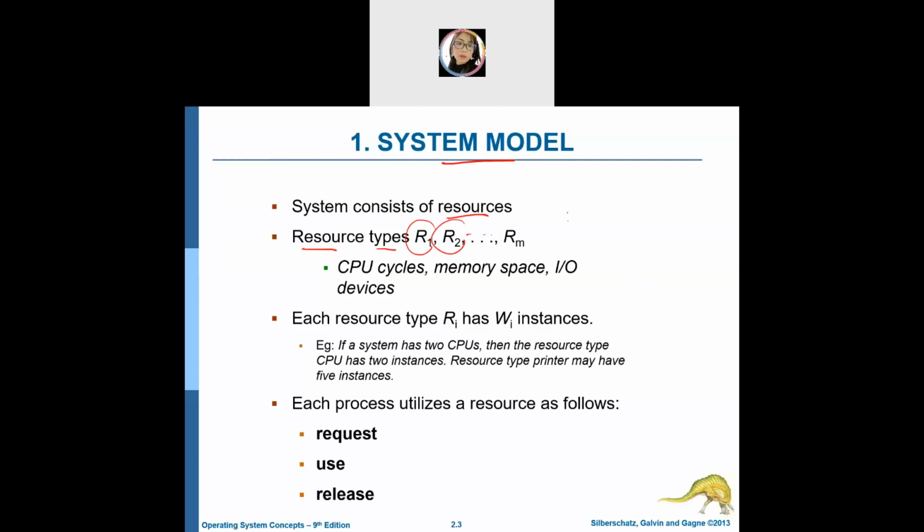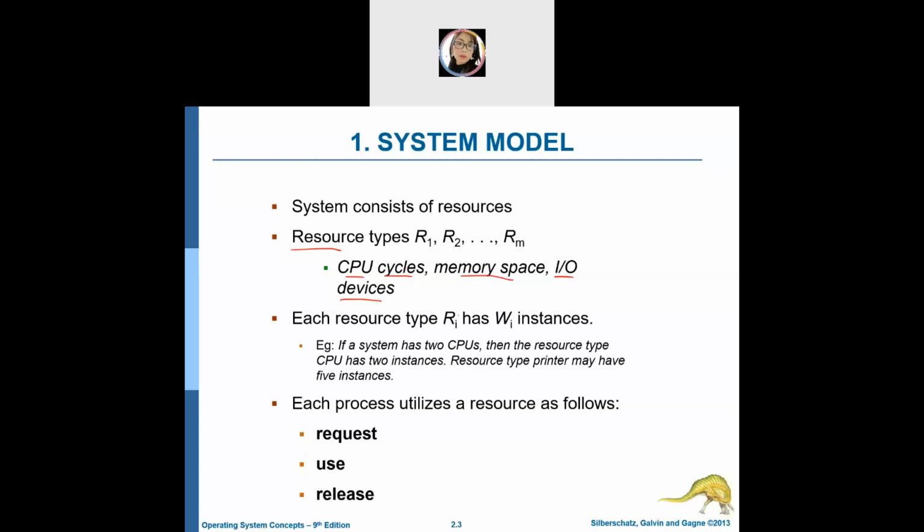If you still remember from your COA subject, you learned about many resources in your system. Examples are CPU cycles, memory space, and input/output devices.